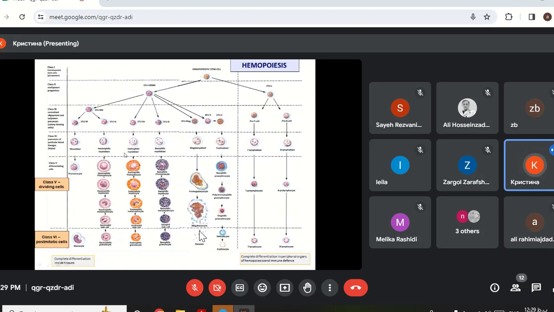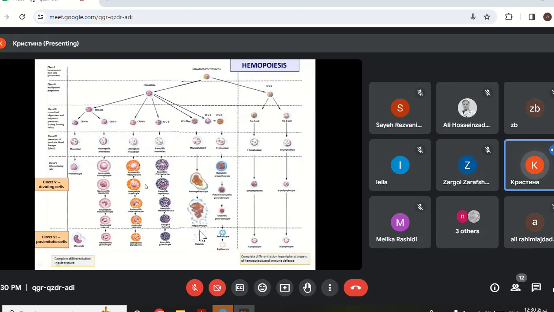Eosinophilic myeloblast divides a lot, and then during class 5, specific features start to be seen. First, in the stage of eosinophilic promyelocyte, the primary non-specific granules develop. Primary non-specific granules are present in all leukocytes. They are lysosomes. They are basophilic.